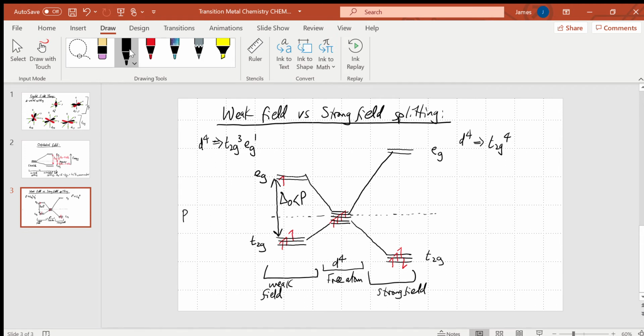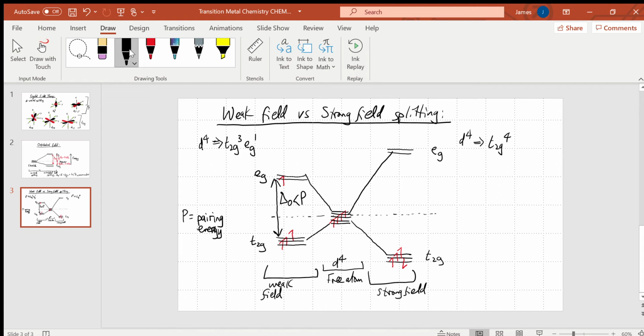So let P equal the pairing energy. Remember, electrons are like charge. They don't like to be close to each other, and it costs energy to pair them up. To avoid pairing them up, if you can jump, because the jump energy delta O is less than the pairing energy P, then you will jump.